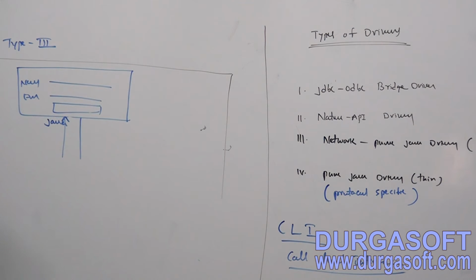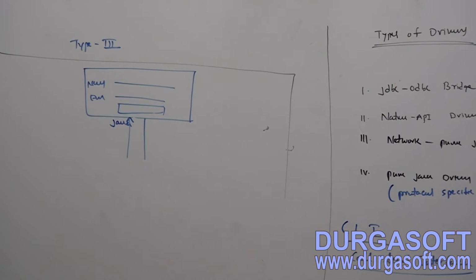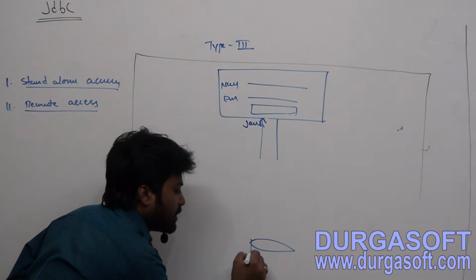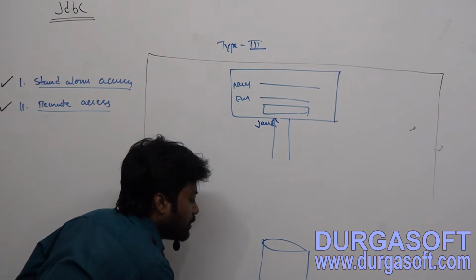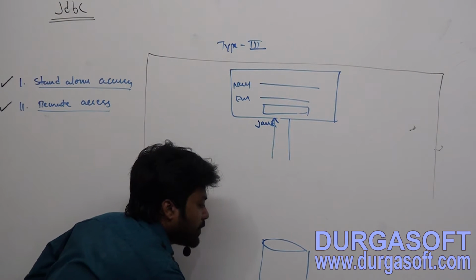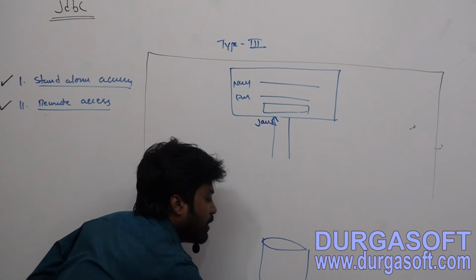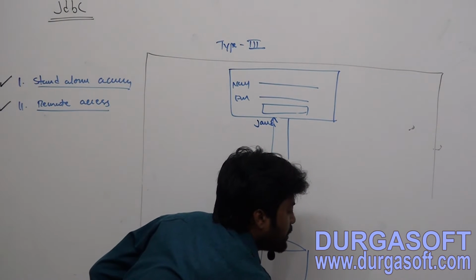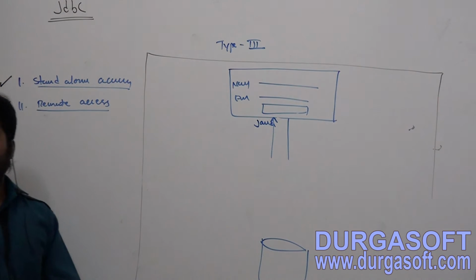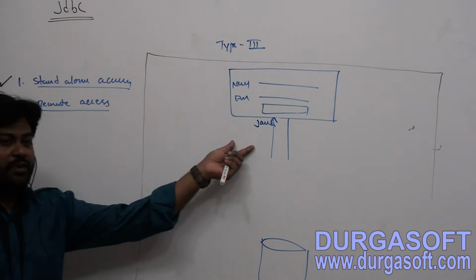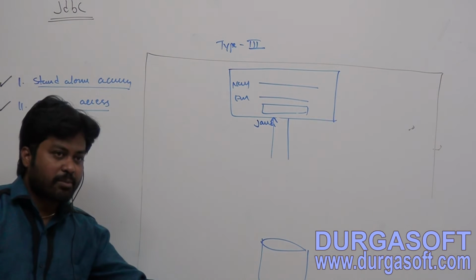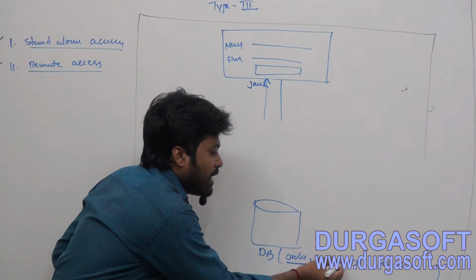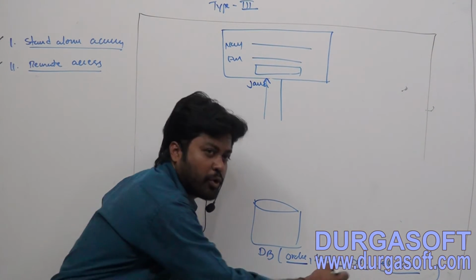Protocol specific. So in case of this pure Java driver, what happens? Okay, we have many database vendors, like Oracle is one vendor, MySQL is one vendor, right? We have Oracle, MySQL, and we have DB2. Okay, we have SQL Server, many database vendors we have. So whenever your Java application wants to talk with any one of these databases, one database vendor will choose one type of protocol.